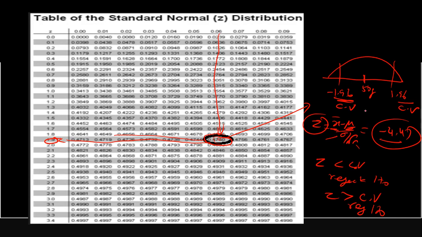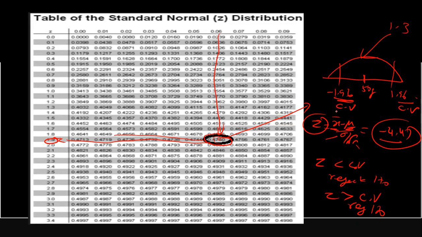Otherwise, I'm not going to reject the null hypothesis. For example, had I got a z value of plus 1.3, 1.3 is not less than negative 1.96, and 1.3 is not greater than this. Hence, it is falling in the non-rejection region. In that case, we fail to reject the null hypothesis.